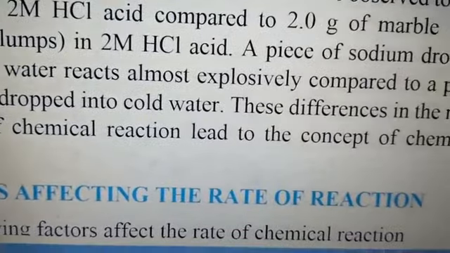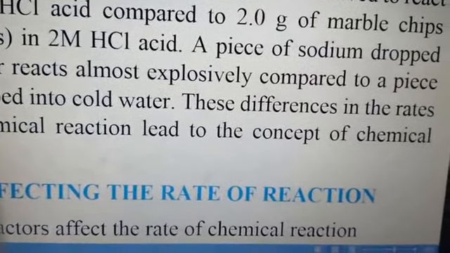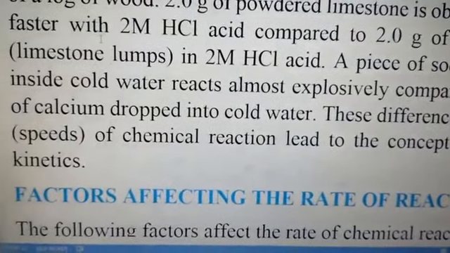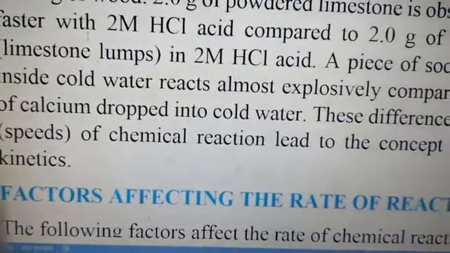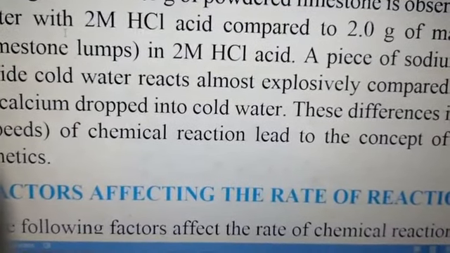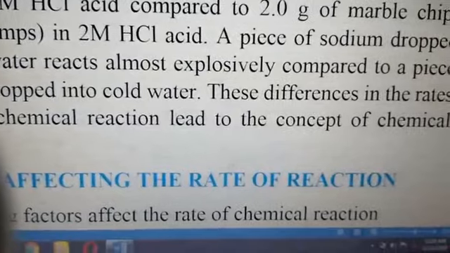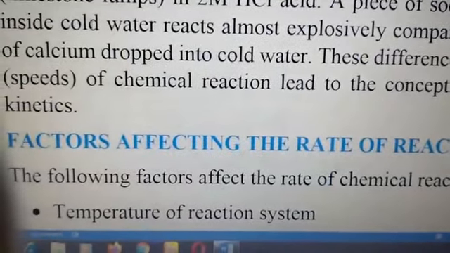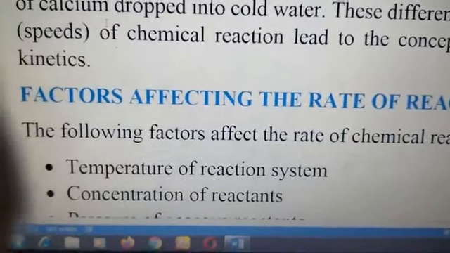Sodium, which is a metal, reacts faster in cold water compared to calcium, which is also another metal, dropped inside cold water. So what are the reasons for these differences among similar substances? That is what is meant by rate of reaction, which we're going to explain in a few minutes.